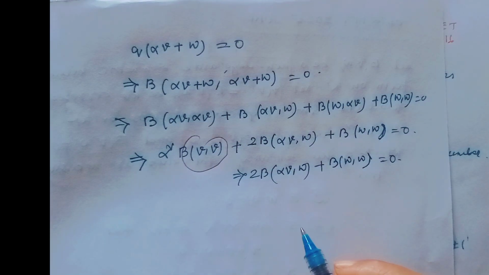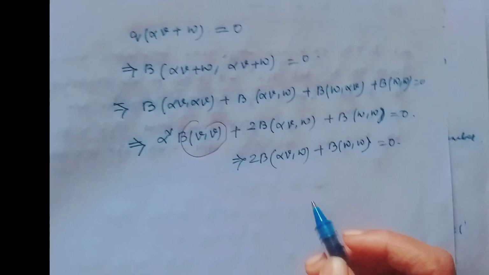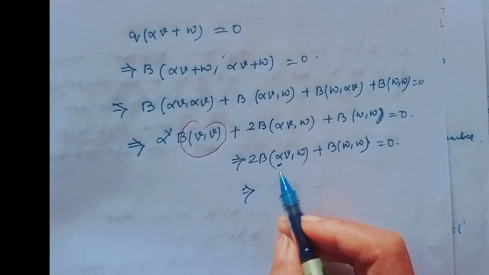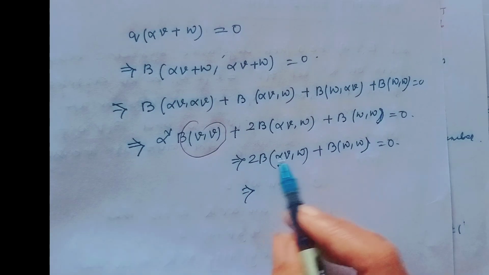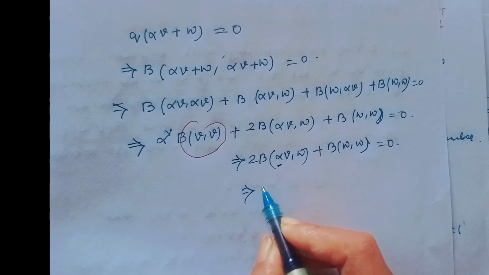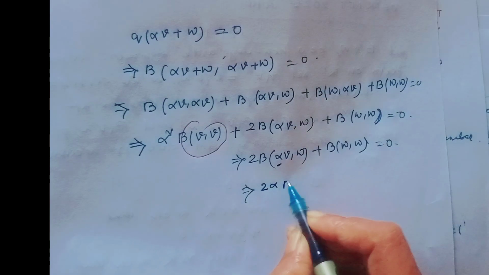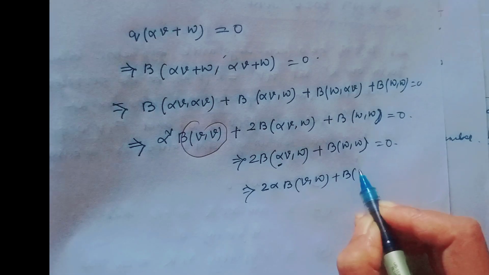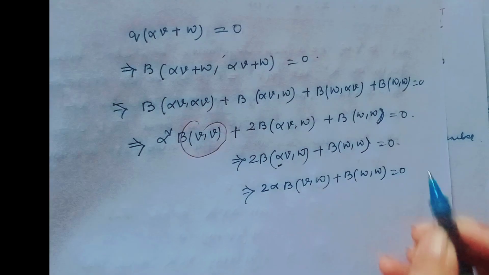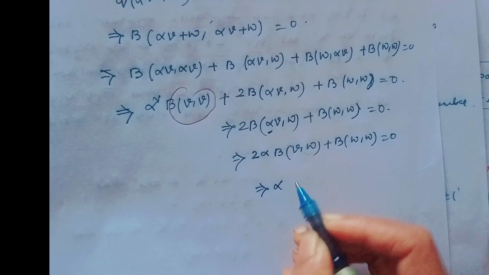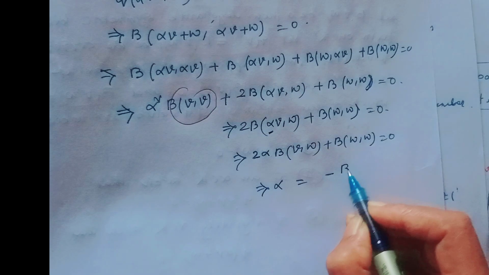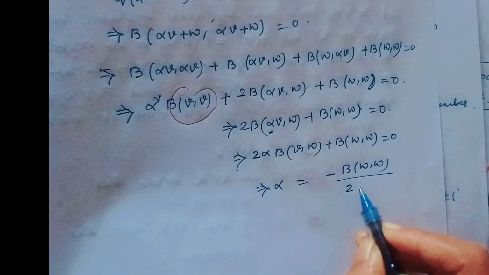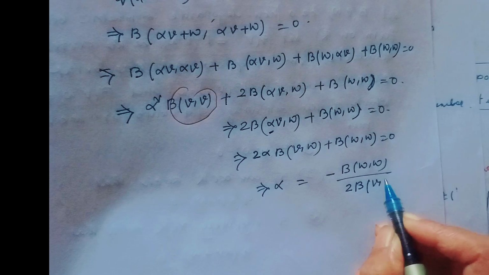Okay. So by the rules of the bilinear form, alpha can be pulled out of the bracket, then this would be 2 alpha b of v, w plus b of w, w equal to 0. That means alpha equal to minus b of w, w over 2 b of v, w.